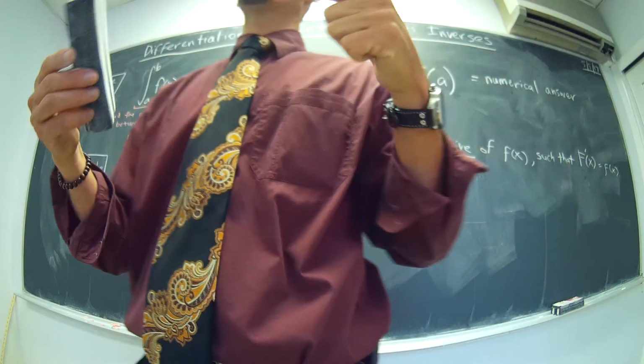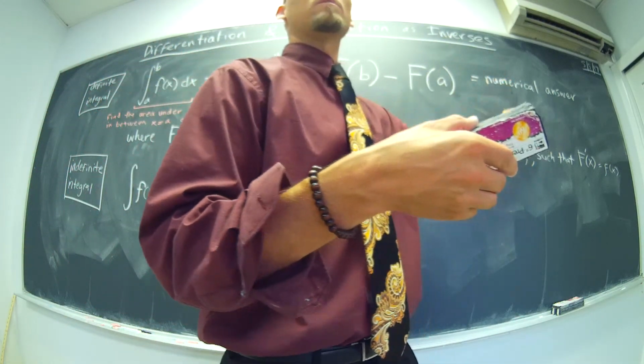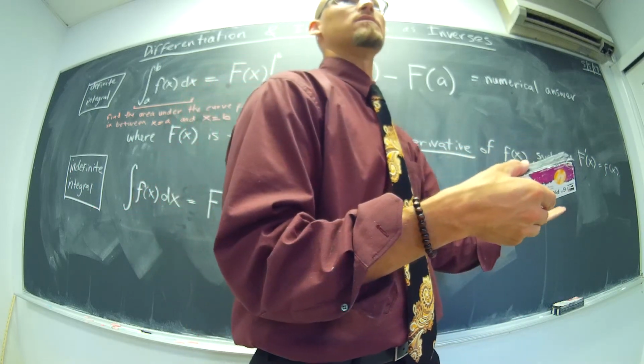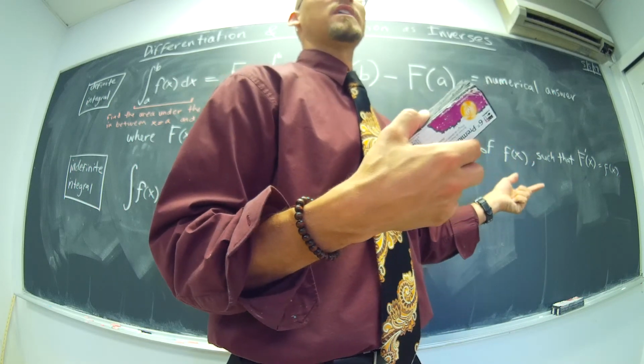And when we take the integral of a rate of change, remember we had the rate of change of oil leaking, liters per hour. We took the integral and we just got liters. It got rid of the time element. So it undoes a rate of change.